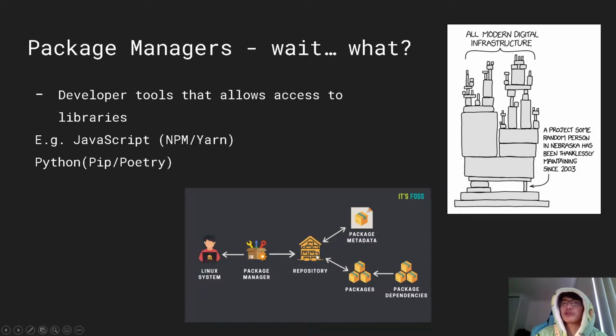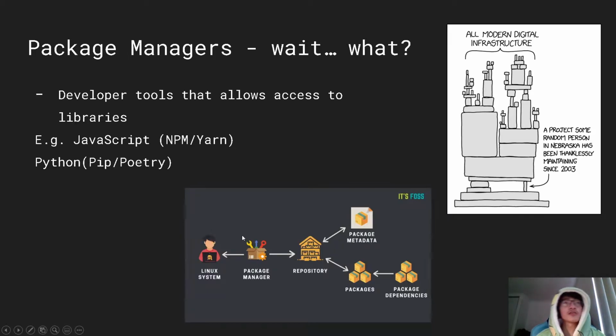That repository depends on what package manager you're using. If you're using npm or yarn, you're going to be using the node package manager repository. You might have seen that on one of the websites. I think it's called npmjs.org or something, or .com. But anyways, it gets the package from there and goes back to the user.